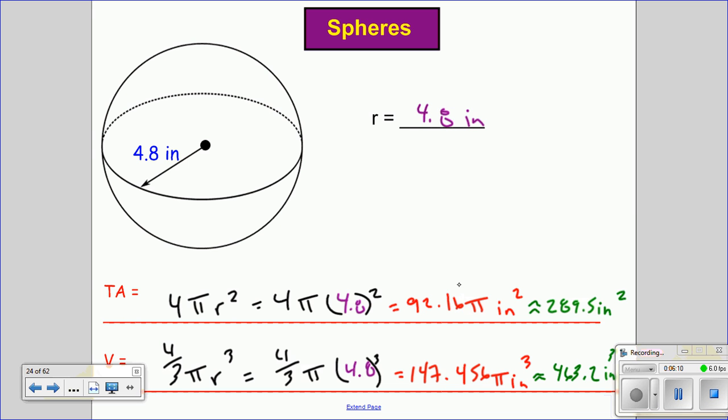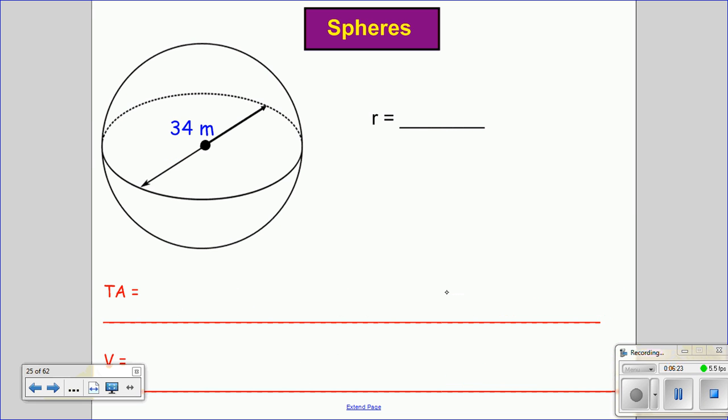So again, this shows you how to get the exact answer in terms of pi in red and the approximated answer, which is in green. So you should be able to find the total area and the volume of this sphere on your own. Please do so.